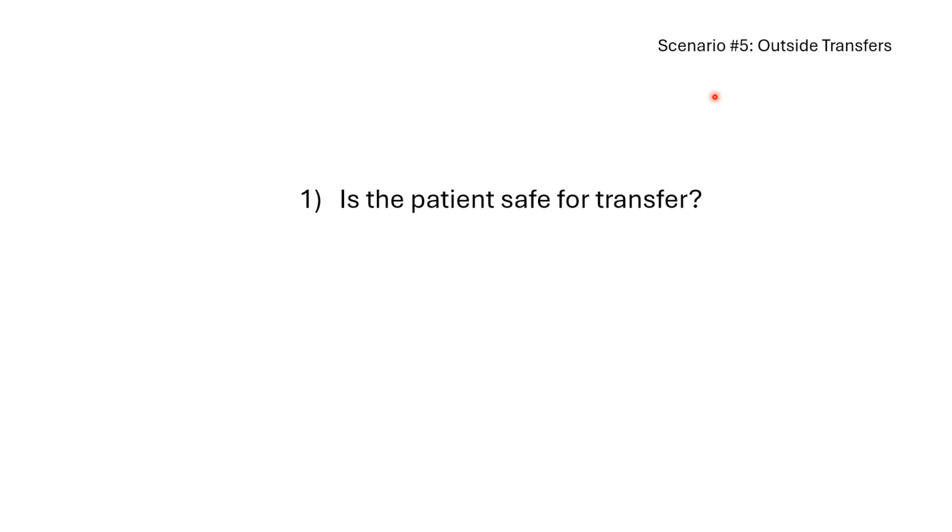You want to ask them a lot of questions, make sure that they've done a full assessment, so that there's not going to be any surprises when the patient shows up. And maybe they don't have an exact diagnosis, but after that phone call, there should be a good understanding of what it is not, and if the patient is safe for transfer.